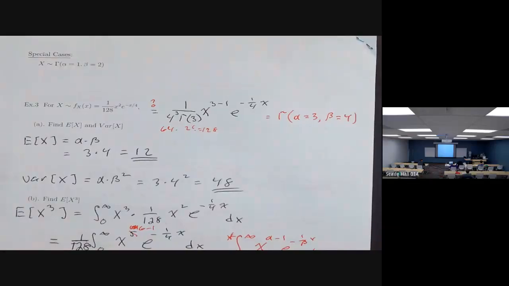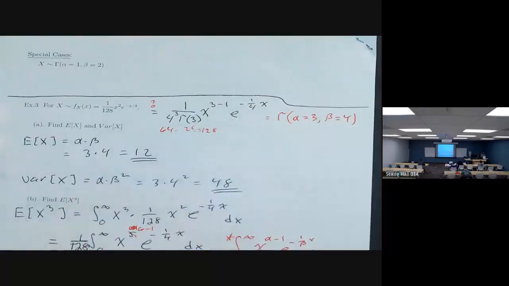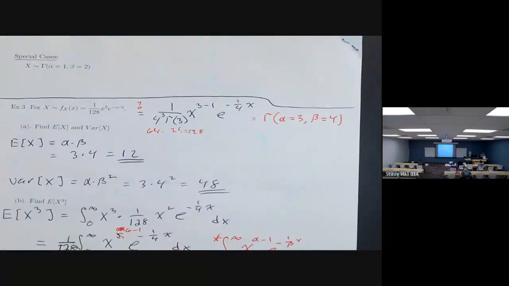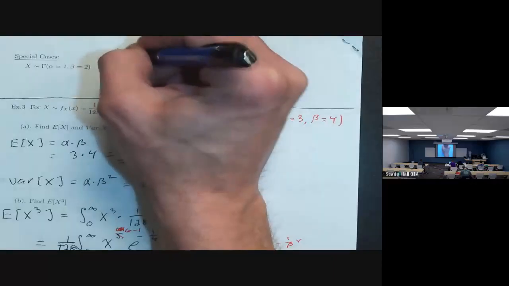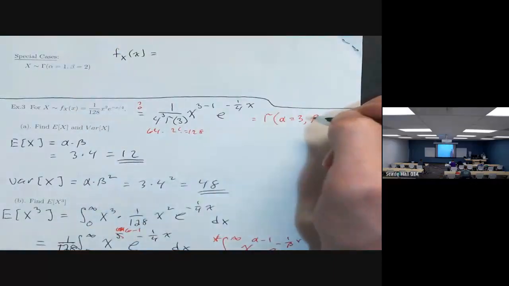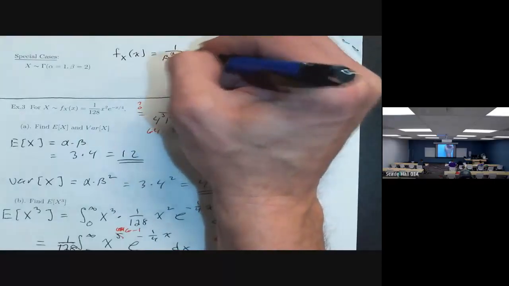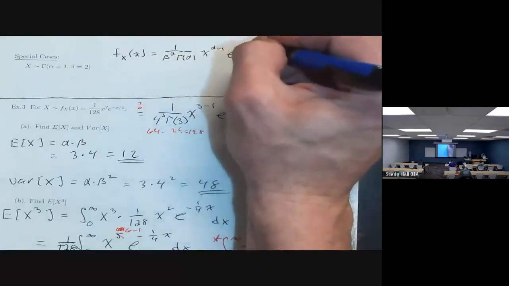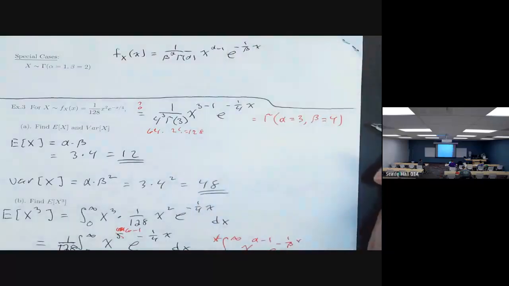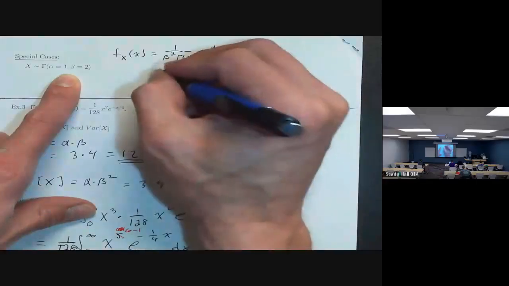So if I have a special case of the gamma distribution, I'll just write this out. The gamma density is 1 over beta to the alpha times gamma of alpha, times x to the alpha minus 1, times e to the negative 1 over beta times x. Suppose alpha is 1, beta is 2. I'll plug them in.